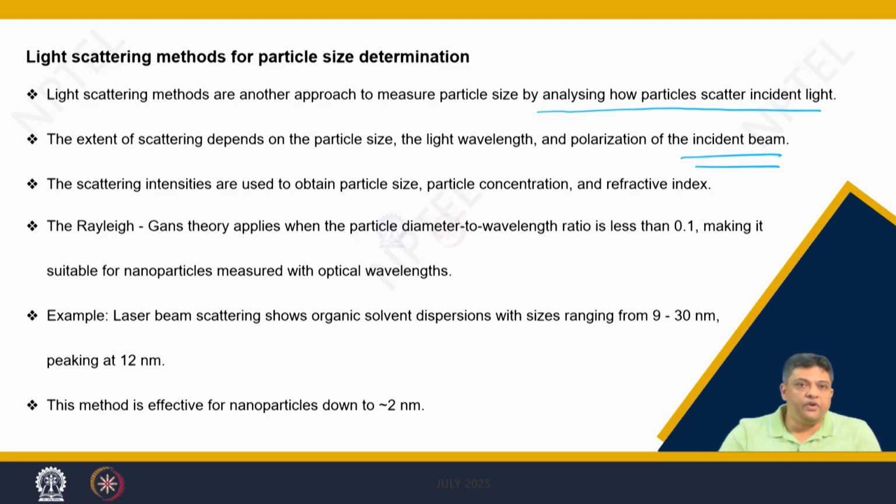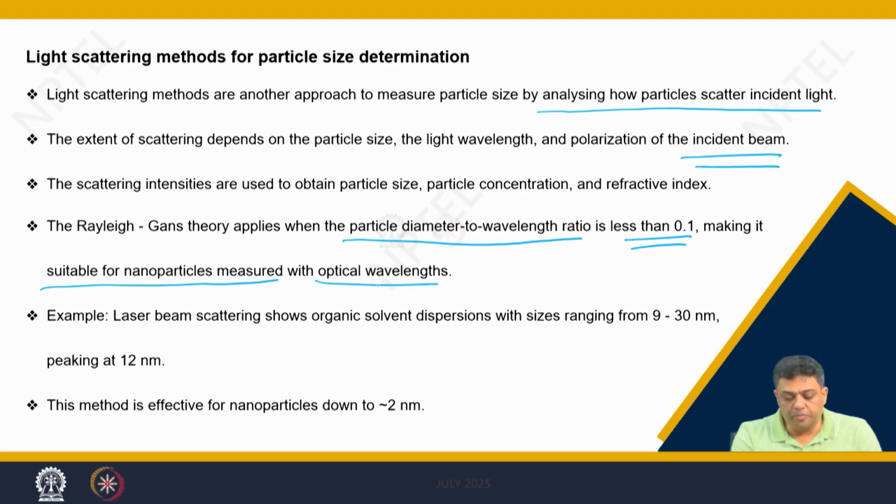If you look into the Rayleigh-Gans theory, then you will find that when the particle diameter to wavelength ratio is less than 0.1, it gives a situation which is suitable for nanoparticles to be measured using optical wavelengths.